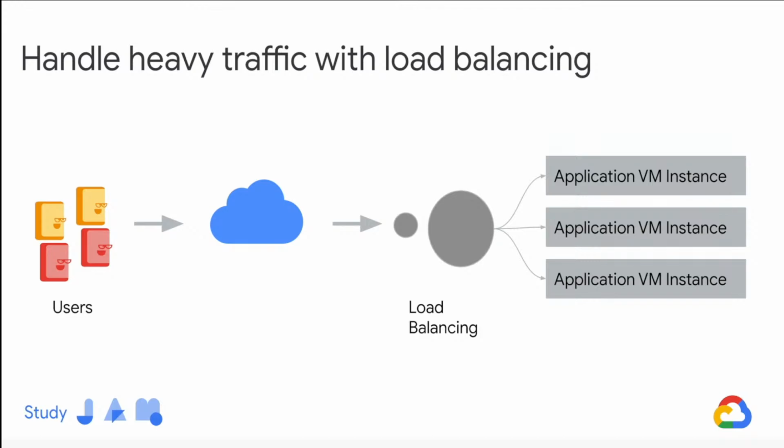Heavy volume and a sudden spike in traffic can cause your servers to become overloaded and run out of resources such as memory. Load balancing is a process of distributing network traffic across multiple servers.